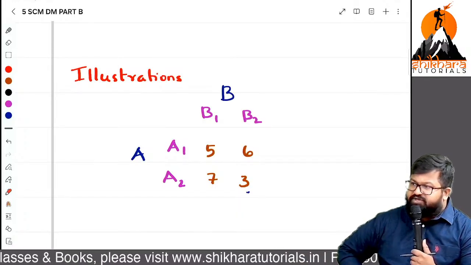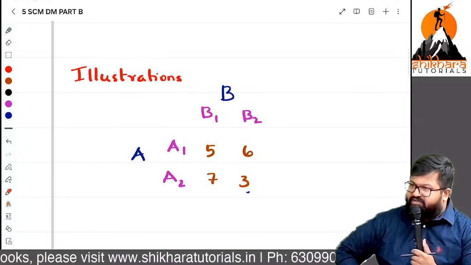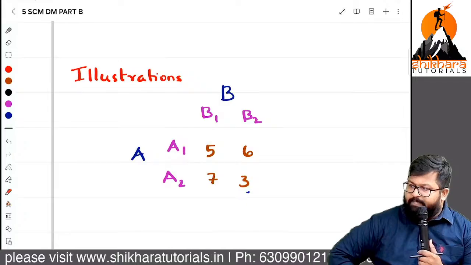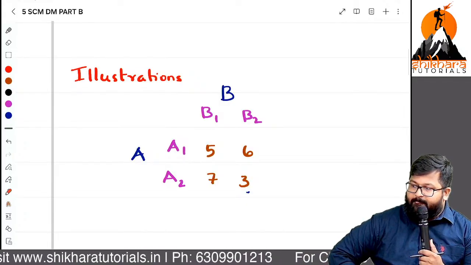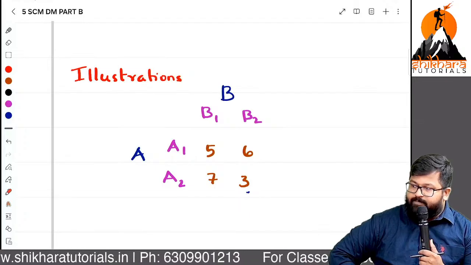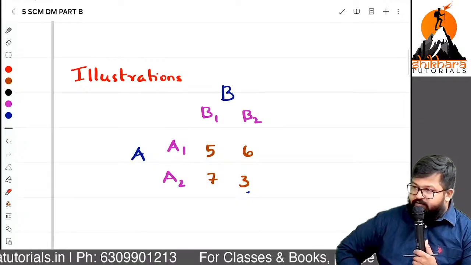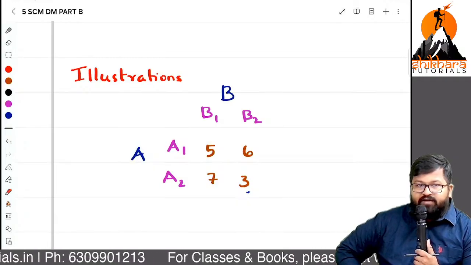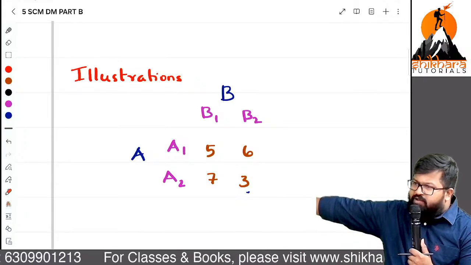Even for the illustration, get the habit of writing about player A, player B and strategies. Just write the question and leave the space there. Do not write the answer now, because at home you can practice. You are clear with this part, no doubt?